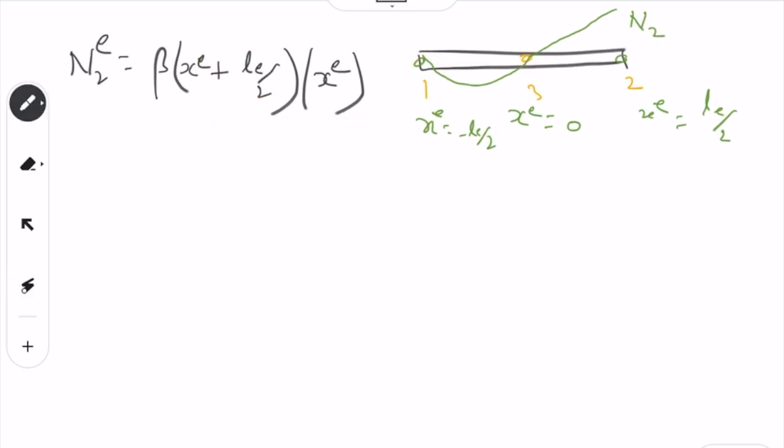Now again we have to see N2 has to be 1 here, right?